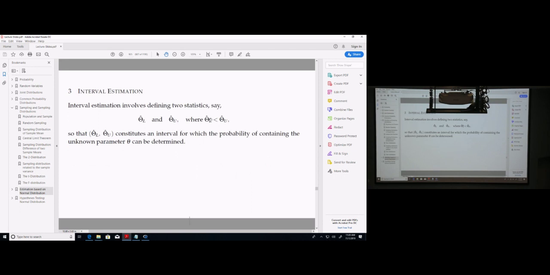So now if you keep the meaning in mind, forget about the hat for the time being, forget about the L. I just want to have a formula based on the sample.